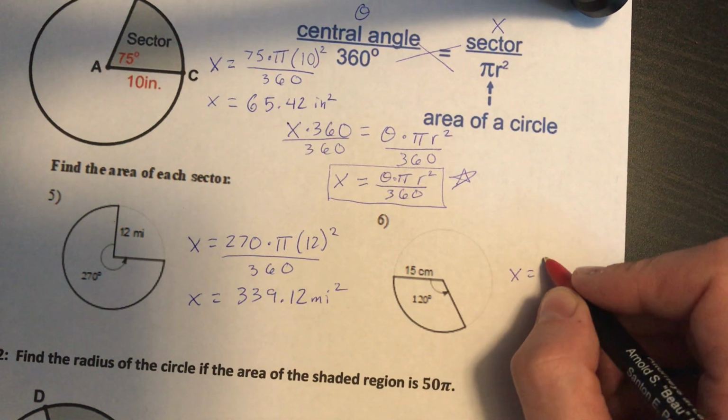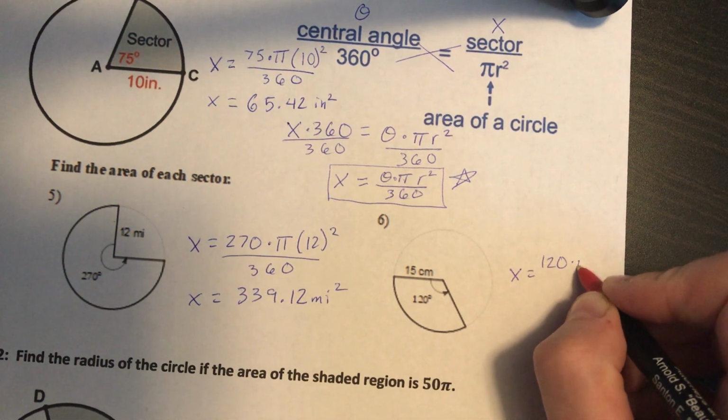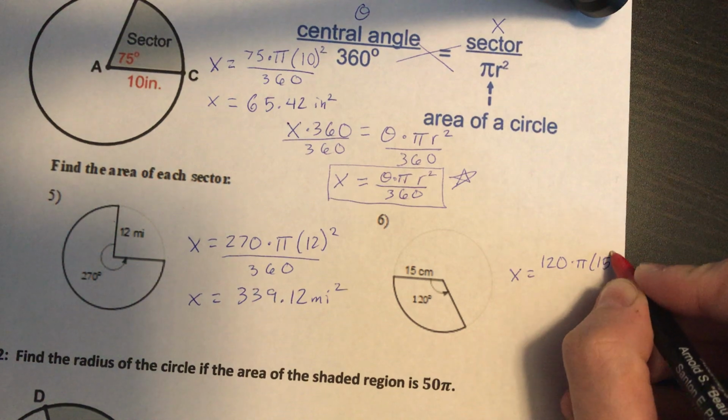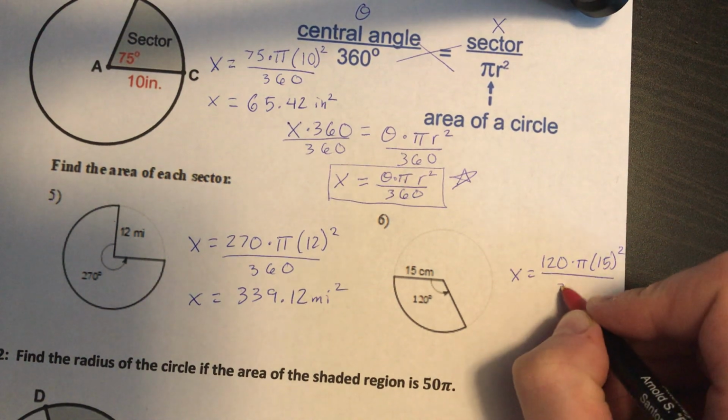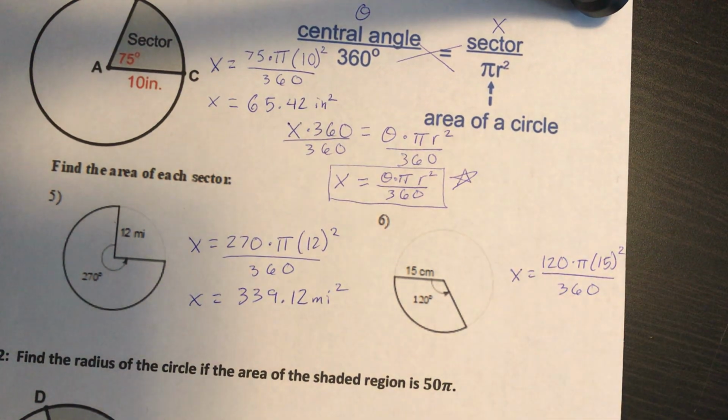Then we'll do one or two more. x is equal to 120 times pi times 15 squared divided by 360. I'm just going to put these in my calculator.